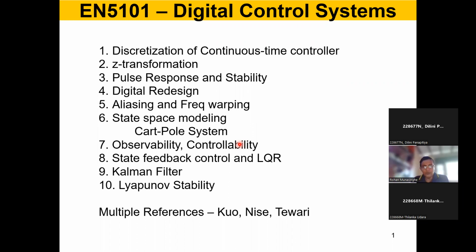Let's say you measure only the acceleration. Can you use the gas pedal control, the acceleration and the vehicle dynamics? You have the mathematical model of the vehicle. Using these things, can you estimate the velocity and position of the vehicle? You might say yes. So in that case, it is observable and also controllable.